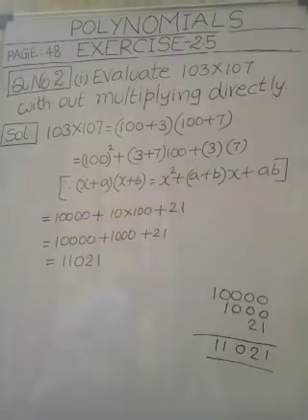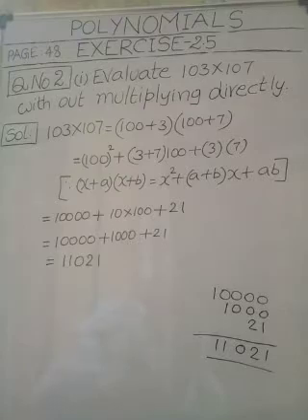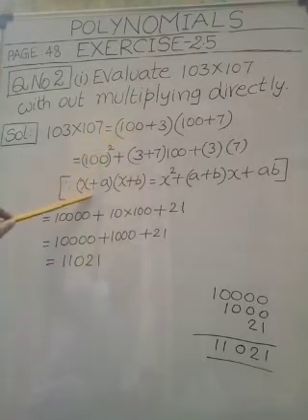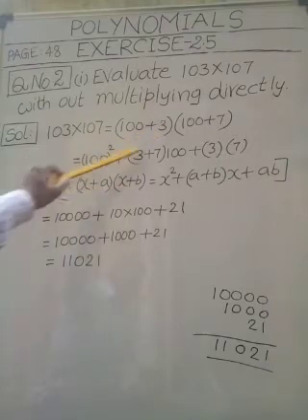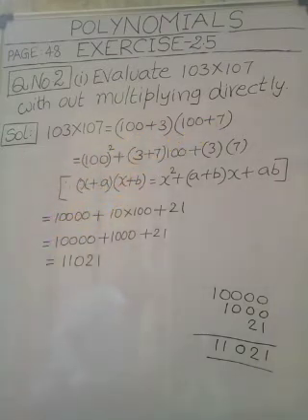Like this, we have to identify a suitable identity to solve the given question. Understood this point, my dear children? Right. So here x means 100, a means 3, and b means 7.